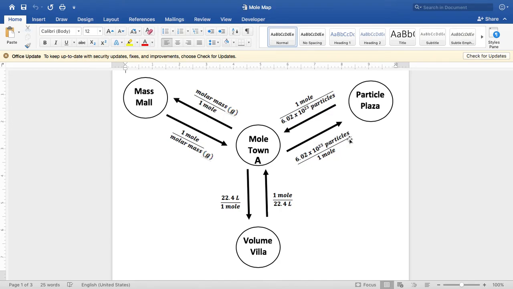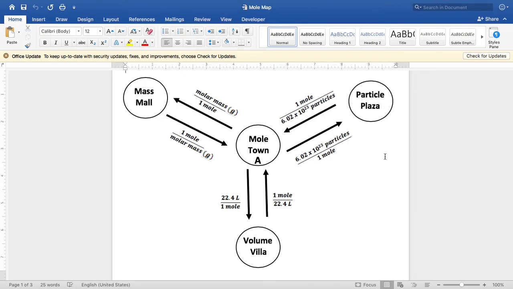Okay, 6.02 times 10 to the 23rd particles divided by 1 mole. Hopefully you remember that 6.02 times 10 to the 23rd is Avogadro's number. That is the mole. Okay? If you were going from Particle Plaza to Mole Town, you would take this arrow and you would use this conversion factor, the 1 mole divided by 6.02 times 10 to the 23rd particles. Now again, I want to remind you, particles could mean atoms or molecules or particles.